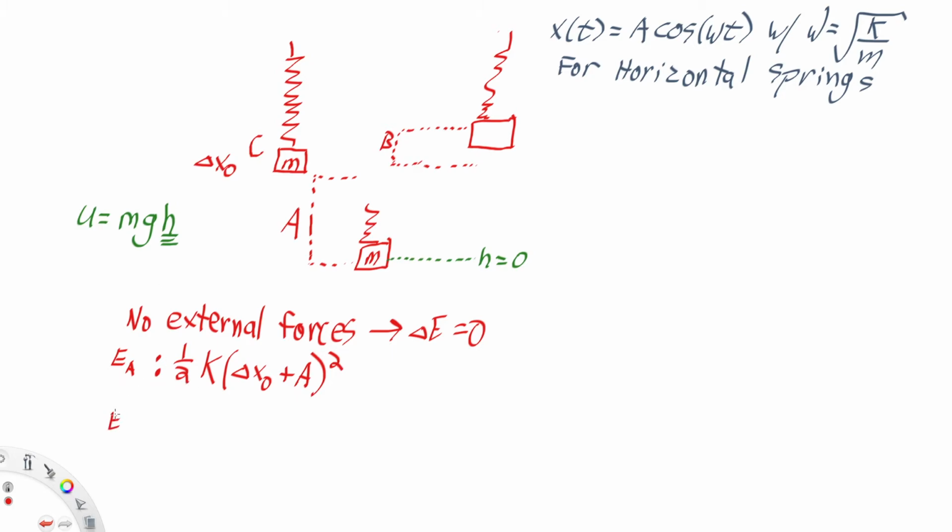At B, again, we're at the maximum height. So we still have no kinetic energy because it's about to turn around and start coming back down. So the speed has been zeroed out. So we only have spring potential energy and gravitational potential energy.